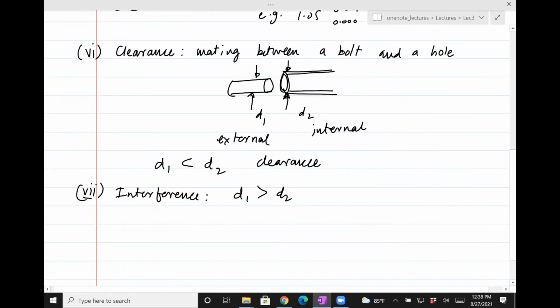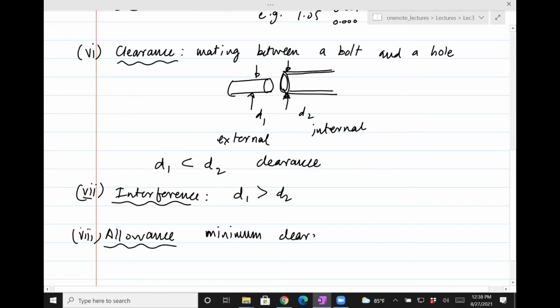And then the final thing here is allowance, which is the minimum clearance or maximum interference.